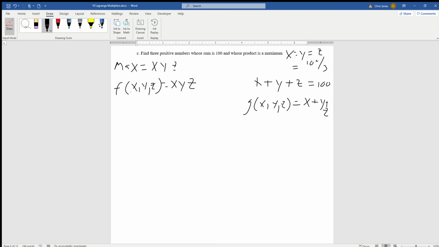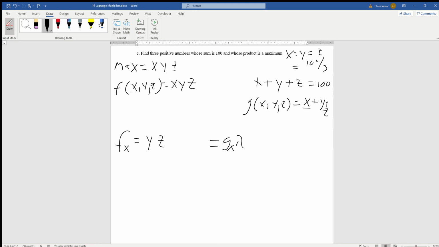Right. Now what we can do is use that trick of the Lagrange multipliers, and we can set f sub x equal to lambda g sub x, etc. So f sub x is going to be yz, and then g sub x lambda is going to be equal to 1 lambda, right?